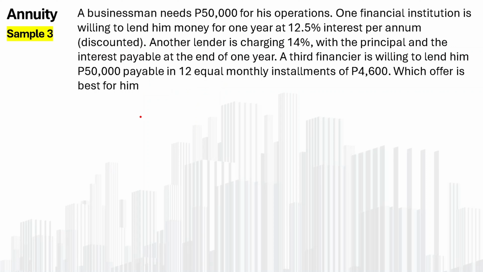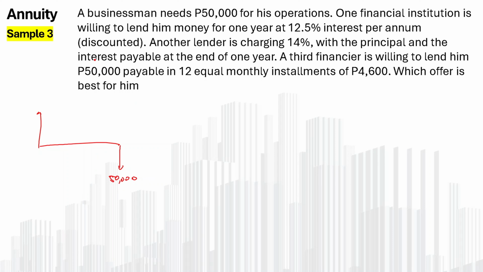So for us to do that, we can draw our cash flow diagram here. For example, the first institution is willing to lend him at 12.5% discount. So that means he'll be receiving a discounted amount of money here, and they'll be paying 50,000 somewhere in the future.